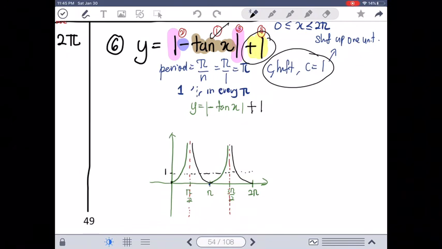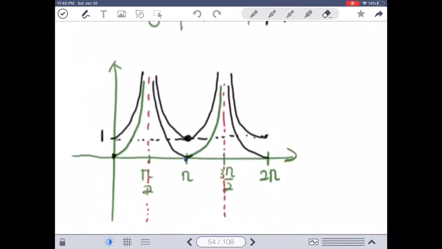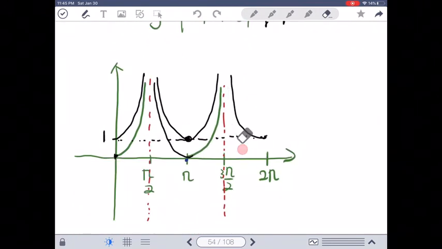Everything will shift 1 up, and now we can erase the old graph.